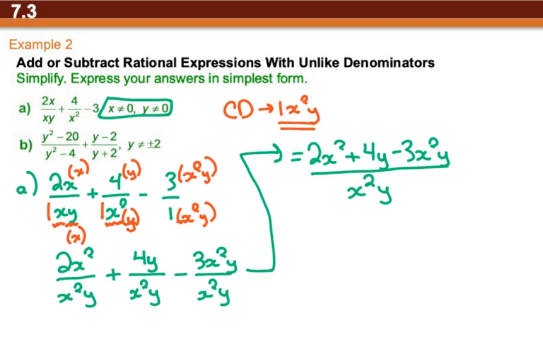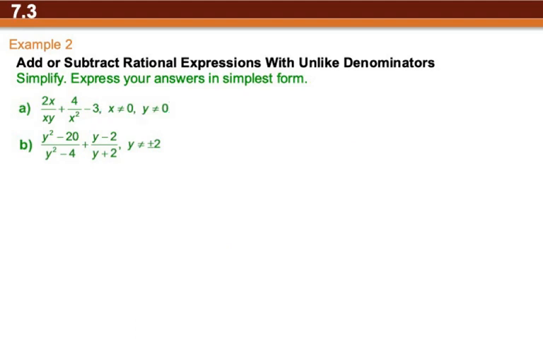Nothing is common. Variables, we do not have x or y present in every single term on the top. So there is nothing we can factor out of the top, nothing we can cancel. This is simplest form.